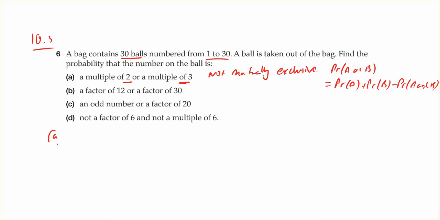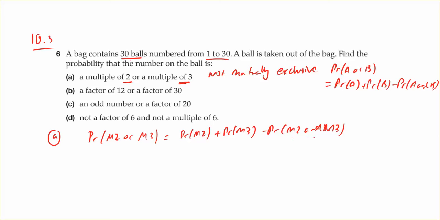So I'm going to do 6A. Probability of multiple of 2 or multiple of 3. I'm not going to write the full words, I'm just going to write M2, M3 for convenience. It is the probability of multiple of 2 plus the probability of multiple of 3 minus the overlap, multiple of 2 and 3.